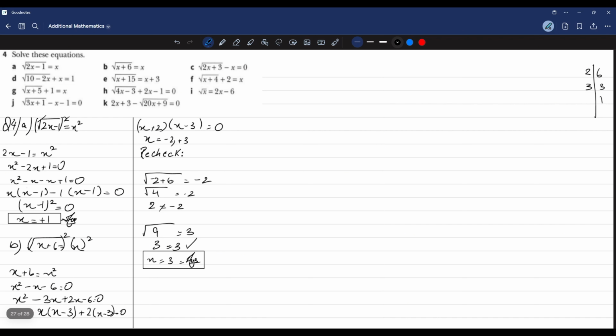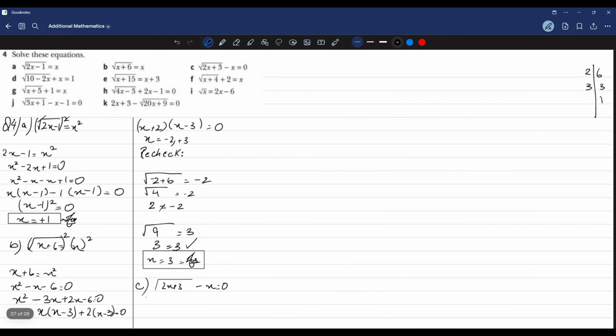Okay. Proceeding forward, part C. We've got under root of 2x plus 3 minus x is equal to 0.